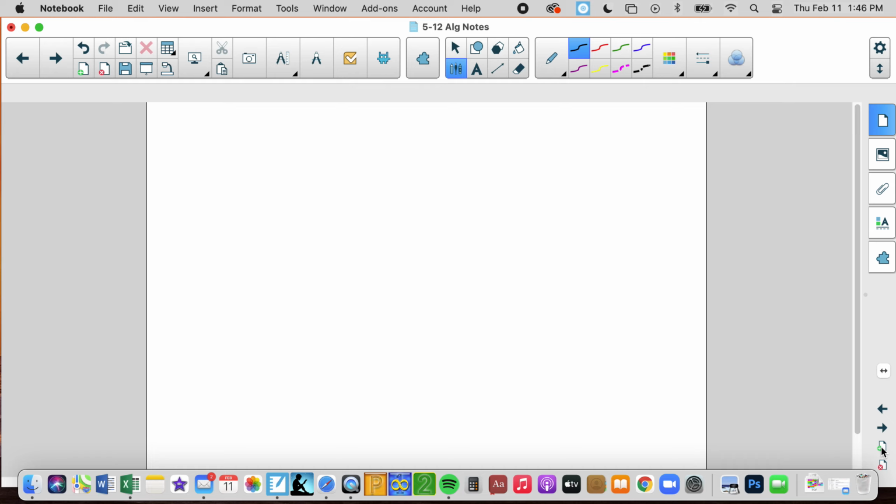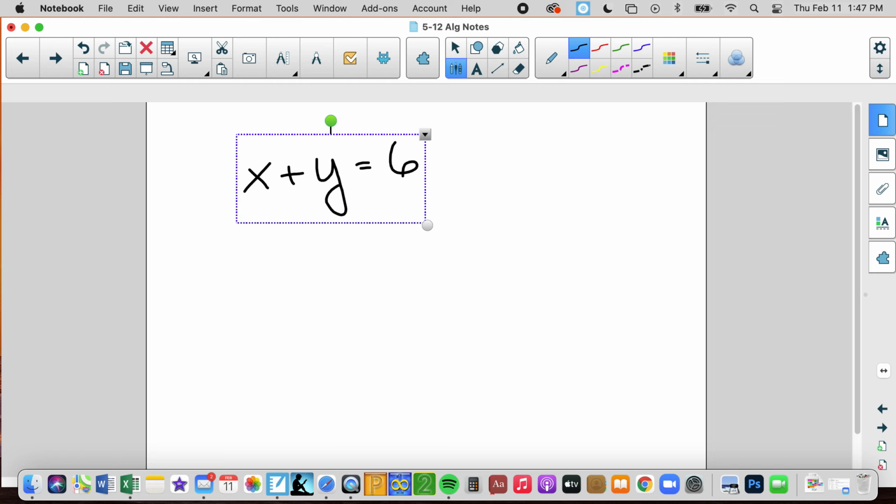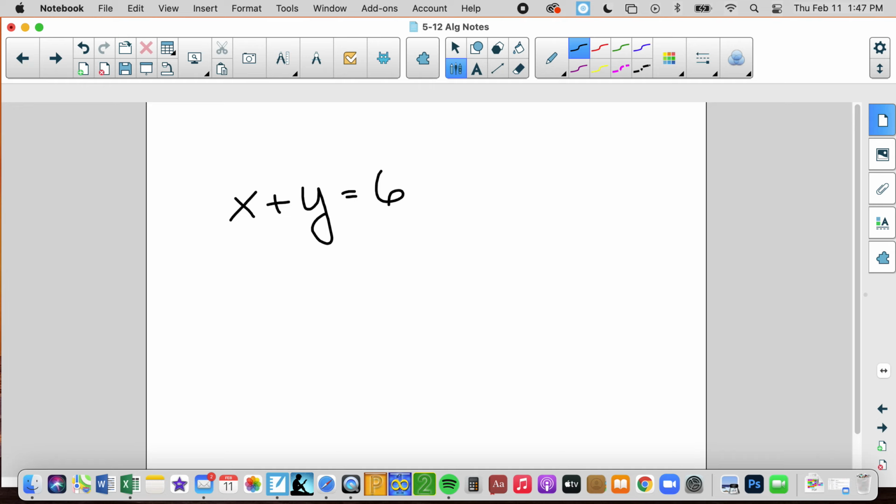Remember that time, all of a sudden, when we were given two variables, we found out that, oh wow, now we might end up with multiple solutions. Not only multiple solutions for the single variable, but multiple solutions for both variables. So if we look at this, if we tried to solve for x, we would subtract y, and we get x equals negative y plus 6.